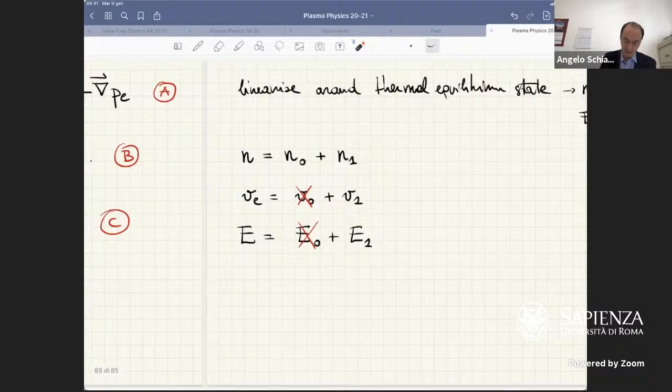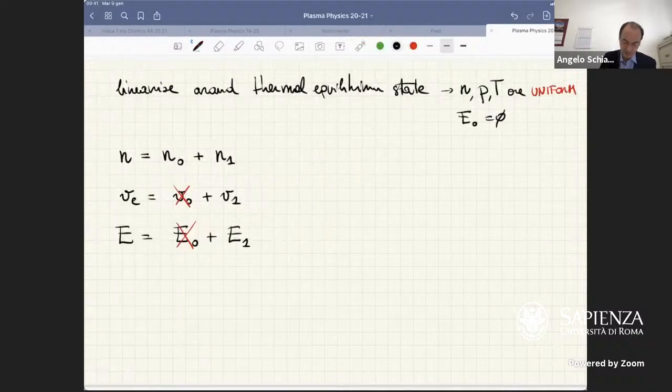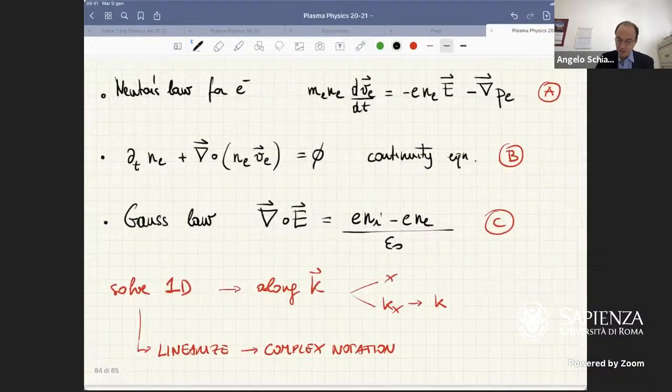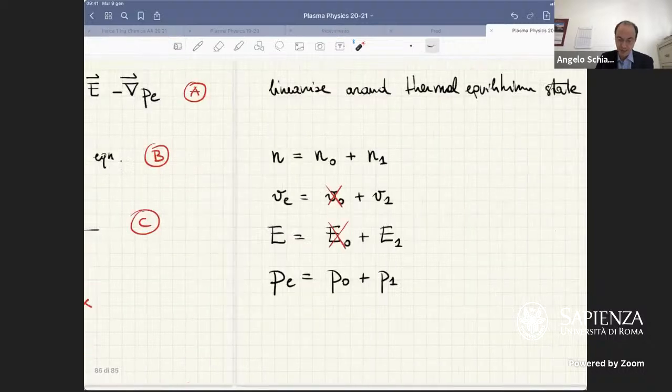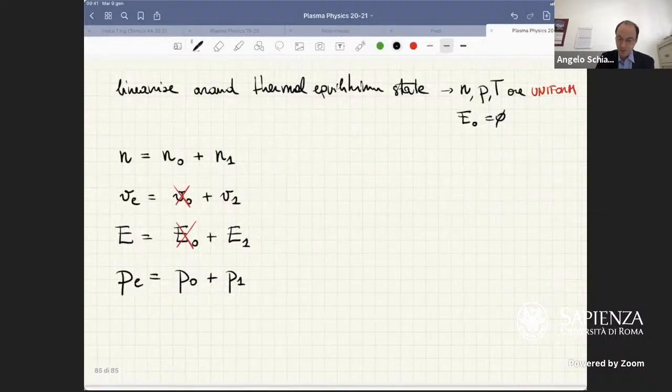So let's discuss the pressure. The pressure of the electrons will be an equilibrium pressure, which is obviously different from zero, plus a perturbation term in the pressure. You see here that the pressure enters as the gradient of the pressure, and we are linearizing around an equilibrium state.